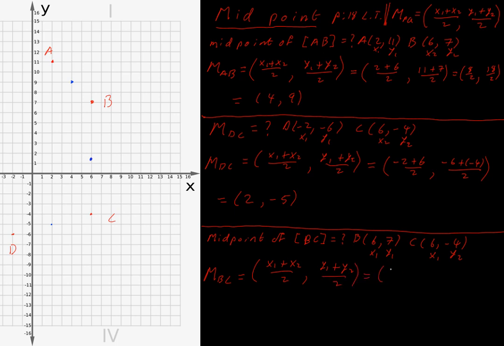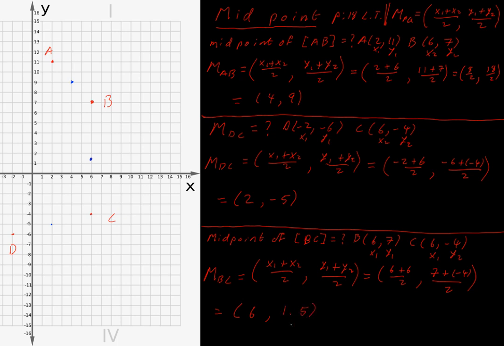Subbing in, we have 6 plus 6 all over 2, comma, 7 plus -4 all over 2. Which is equal to 6. You put this into the calculator and we know that we're already going to get 6 for our average here because they're directly above each other. And then when we put this into the calculator, we get 1.5.